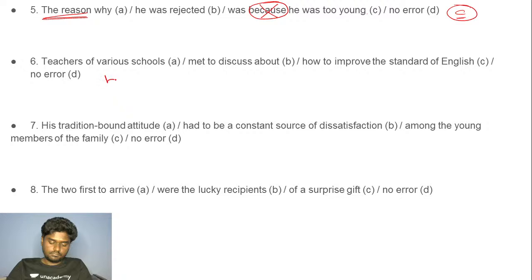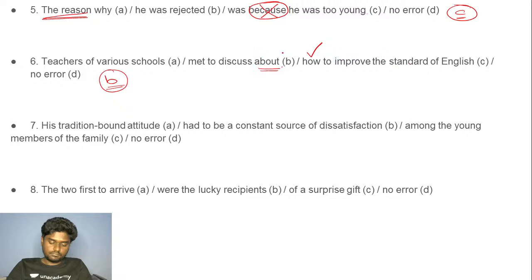The error is with option B. It should be like the teachers of various schools, it should not be like met to discuss about how. Discuss about should not be used when how is mentioned. Okay. So it should be like what? The teachers of various schools discussed ways to improve the standard of English.